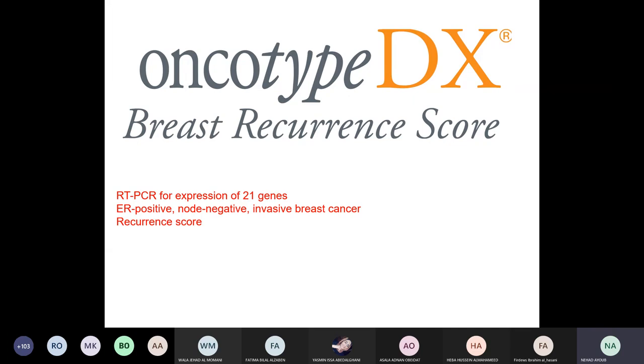It does not work. أو أحسب recurrence score لمريضة عندها lymph node positive disease اللي تبعها 1 or 2. غلط. أو أحسبها لمريضة HER2 positive ER negative. غلط.